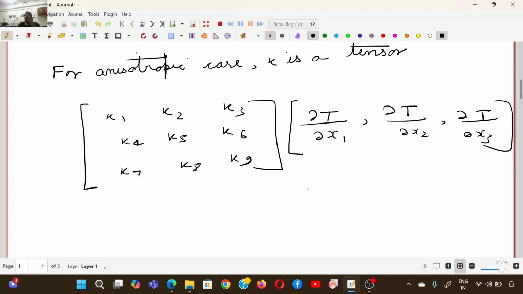This is a 3 cross 3 matrix, and this should be like 3 cross 1. So basically it will be like this one, a column vector.